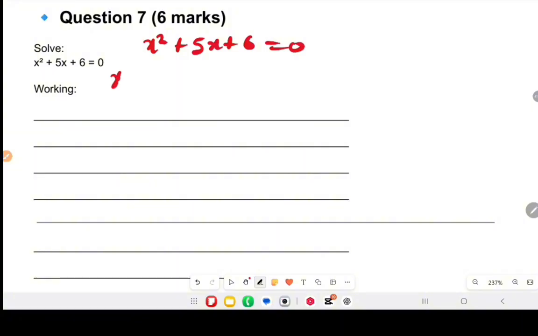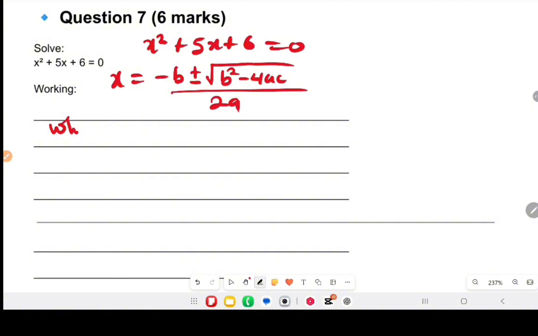Using formula method, x is equal to minus b plus or minus square root of b squared minus 4ac all over 2a, where a is equal to the coefficient of x squared, which is 1, then b is the coefficient of x, which is 5, and c is the constant, which is 6.